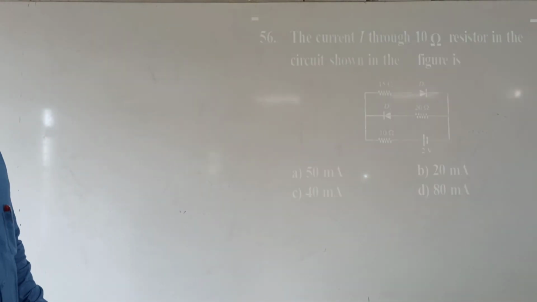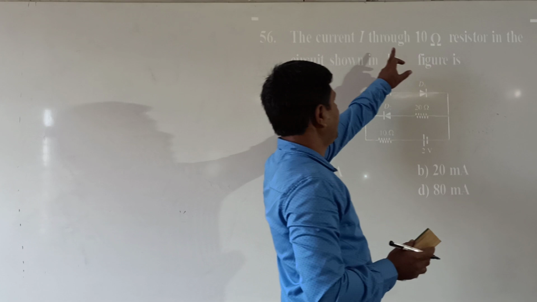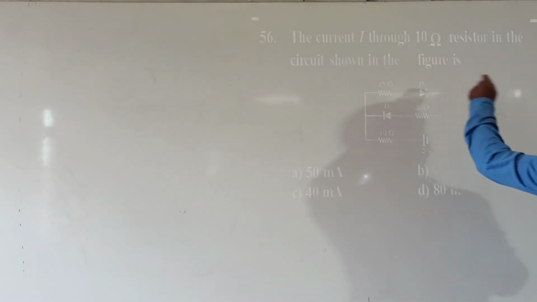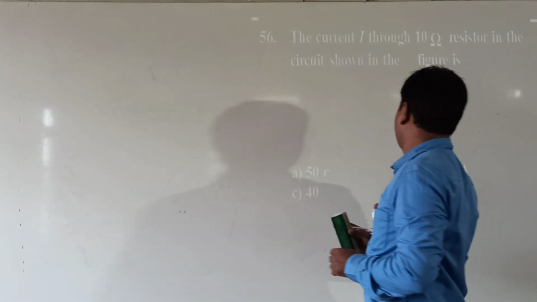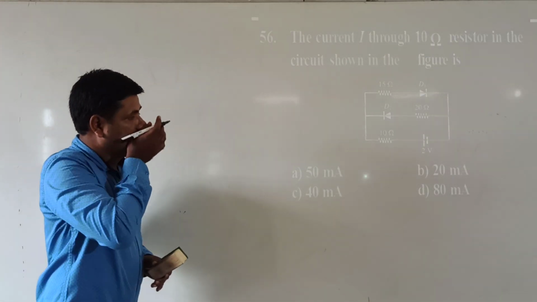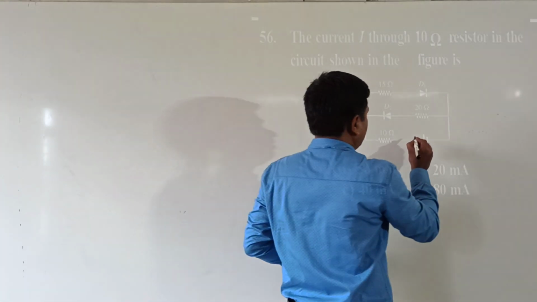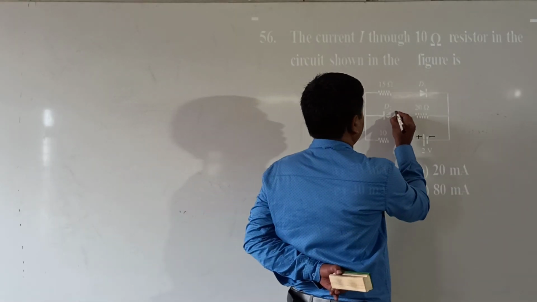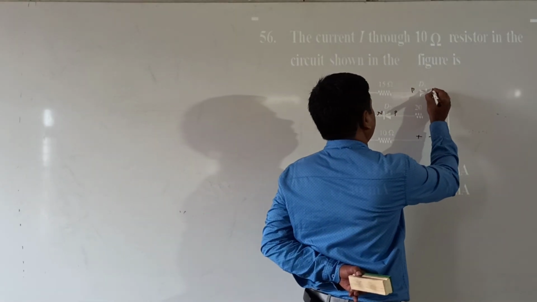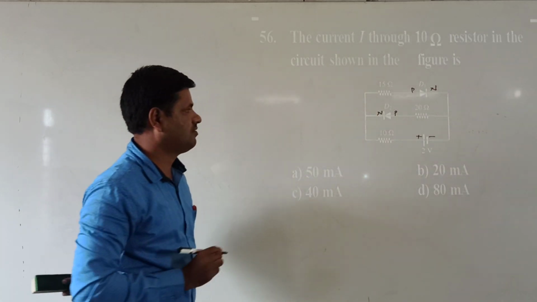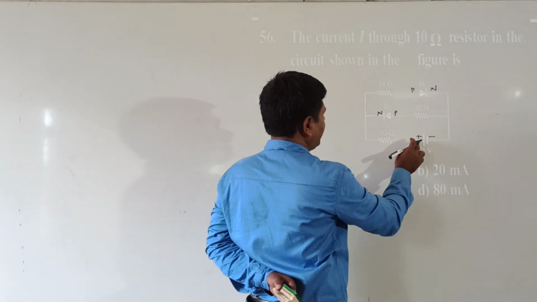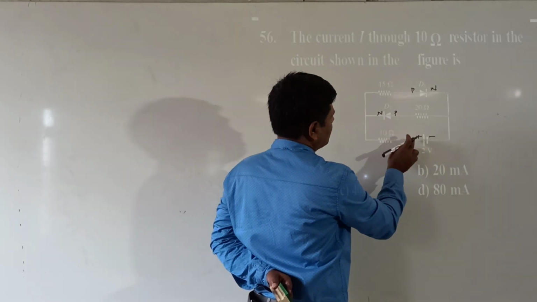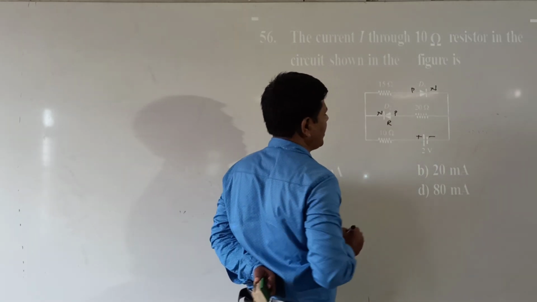Next, question number 56. The current I through the 10 ohm resistor in the circuit shown in the figure. Now listen here. This is the positive terminal, this is the negative terminal. This is p-type and n-type in the diodes. Positive connected to n-type, that is negative, positive connected to negative means reverse bias.